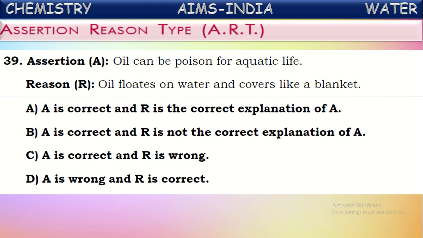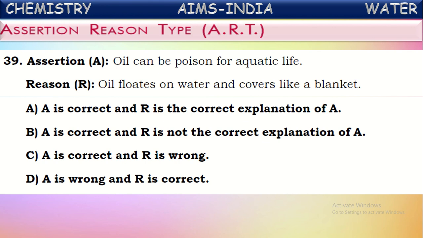Because of this, gases like carbon dioxide and oxygen cannot dissolve into water from the atmosphere. So as there are no these gases, aquatic animals and plants cannot survive further because this oil is preventing these gases from dissolving into water. So these animals and plants will die.